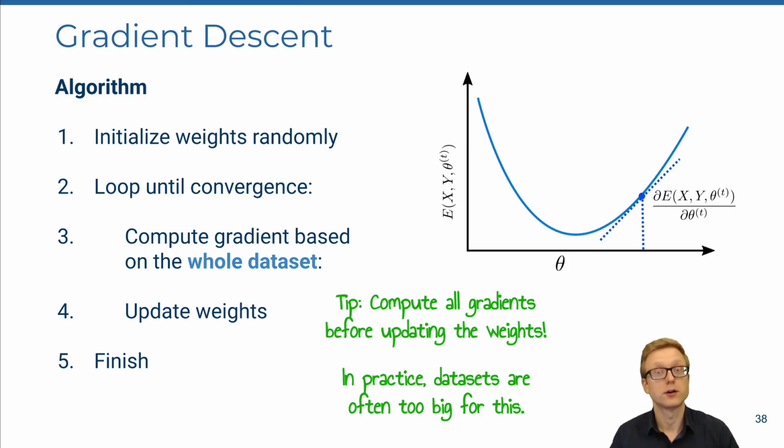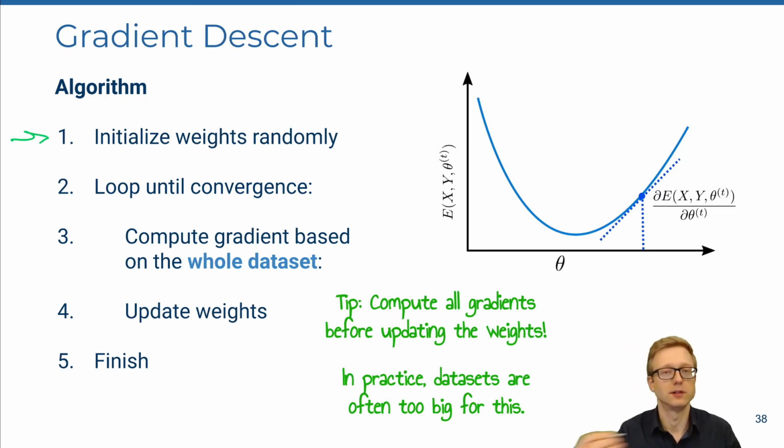Here is the general algorithm for how we actually apply gradient descent in practice to update the parameters of our neural network. First, we need to somehow initialize our weights, and we'll talk about weight initialization in a few slides, but in general, we want to initialize them randomly.